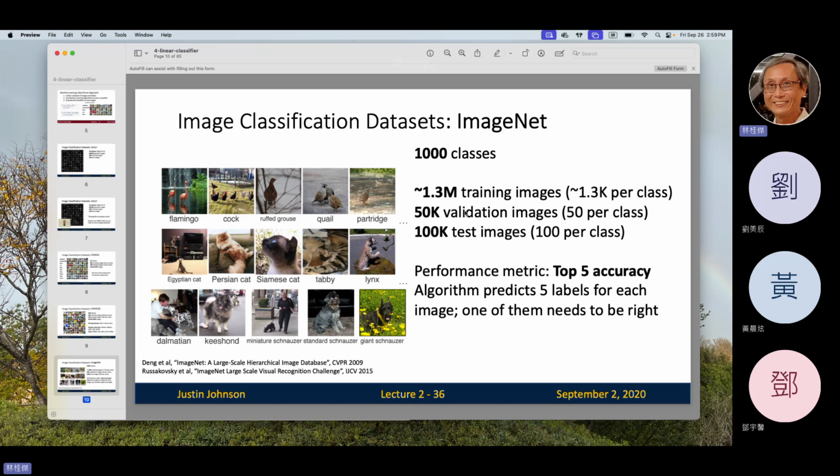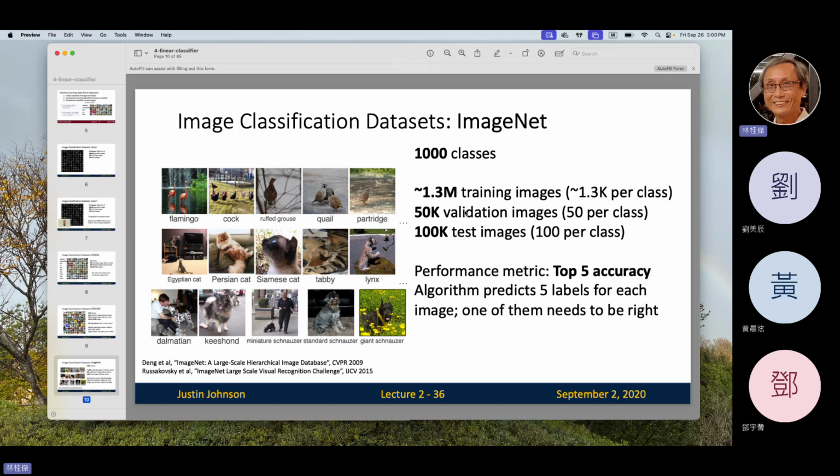So it's not going to be just comparing to see how many of them you're correct, but right now we also use another performance metric, which is called top 5 accuracy. That means the algorithm can predict 5 labels for each picture, and at least one of them needs to be correct.